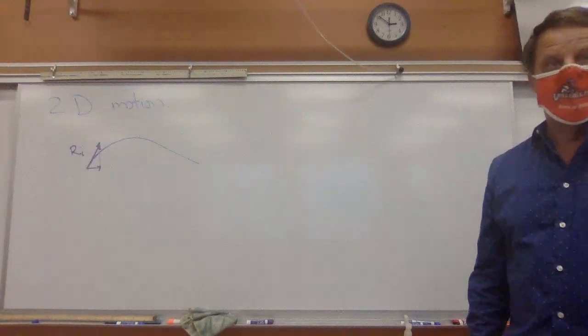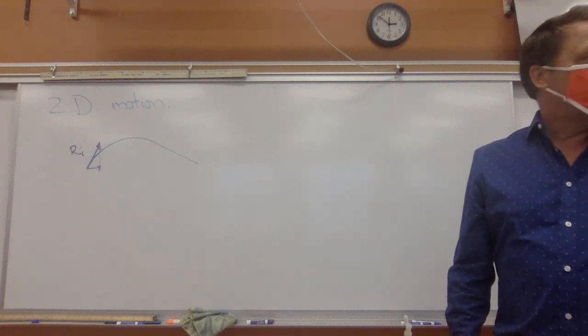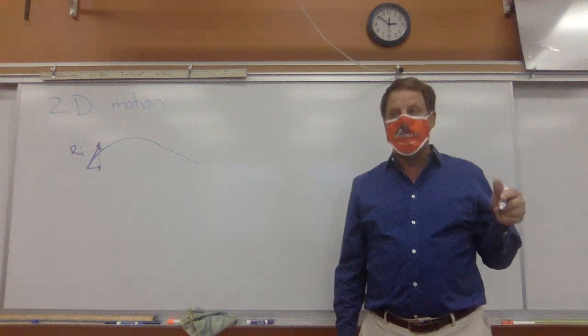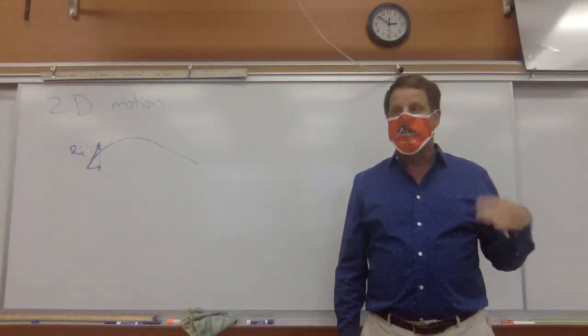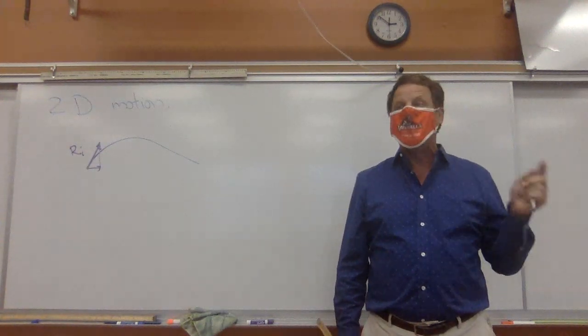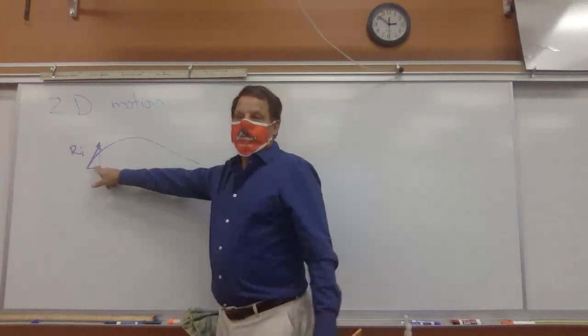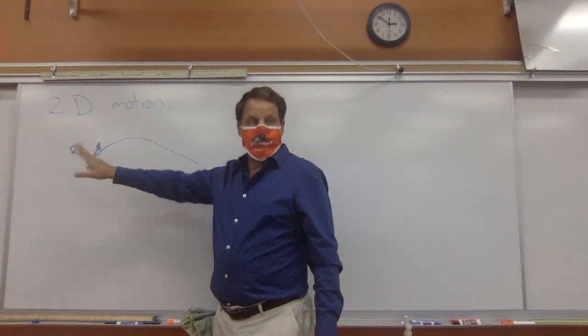Essentially, we're taking any old vector and changing it into a right triangle. Remember, X and Y are always going to be at right angles, as are I and J. So any vector that I write, we can break apart into I and J, which I will do in a minute.